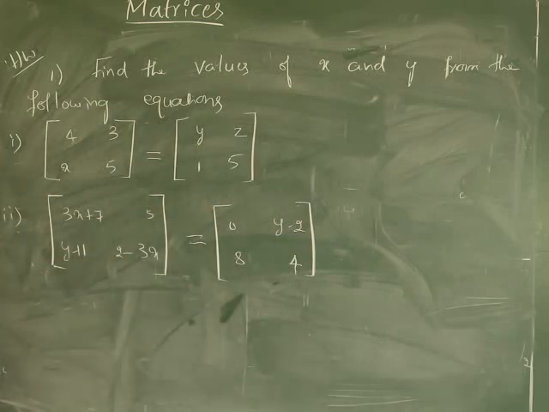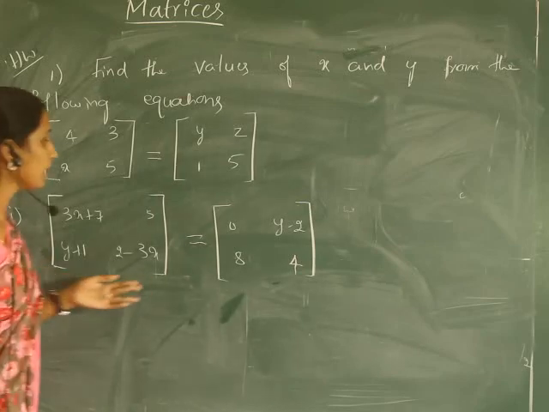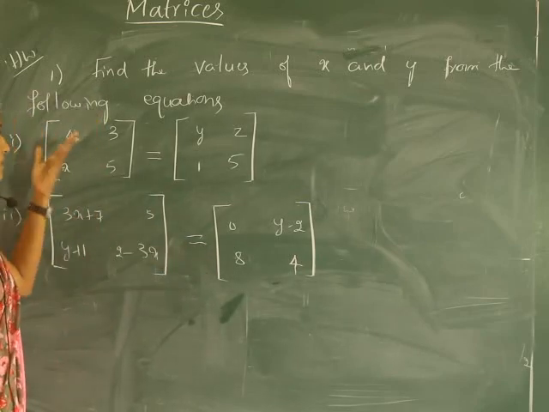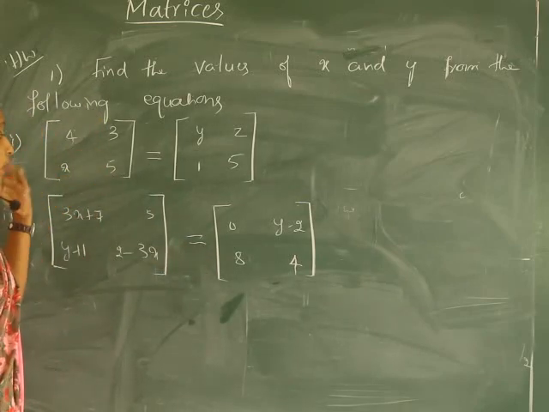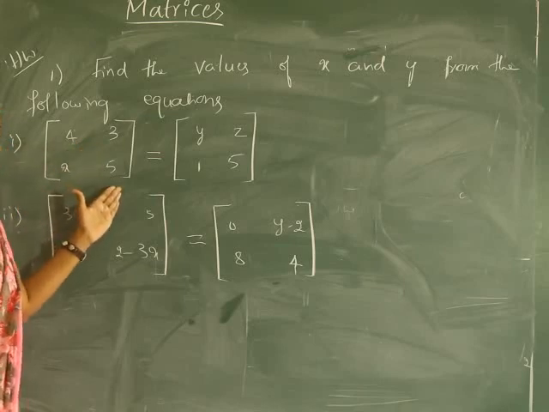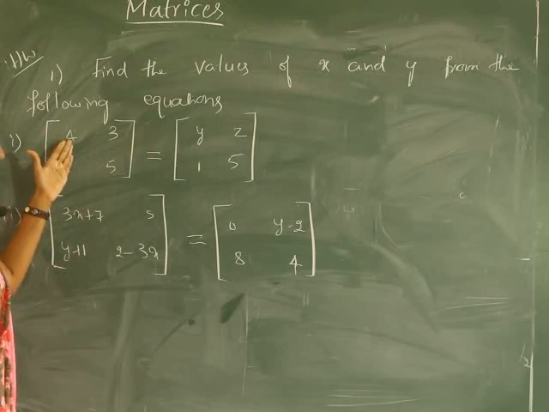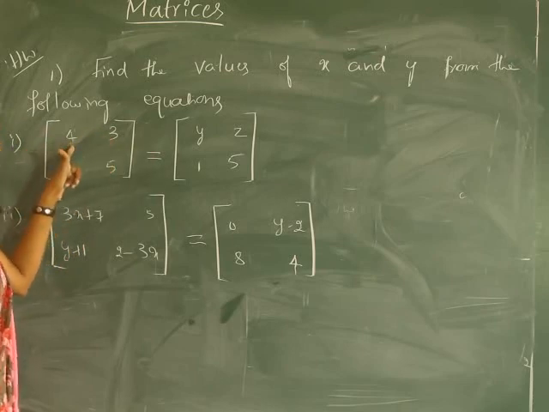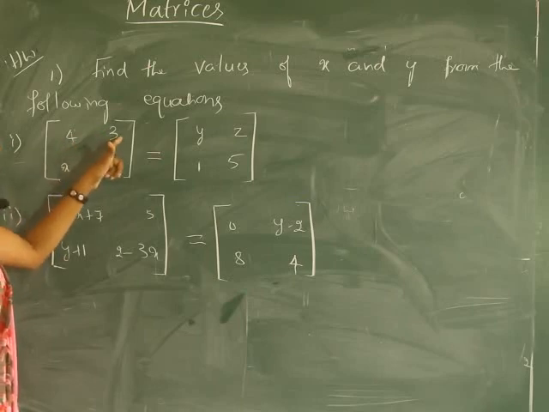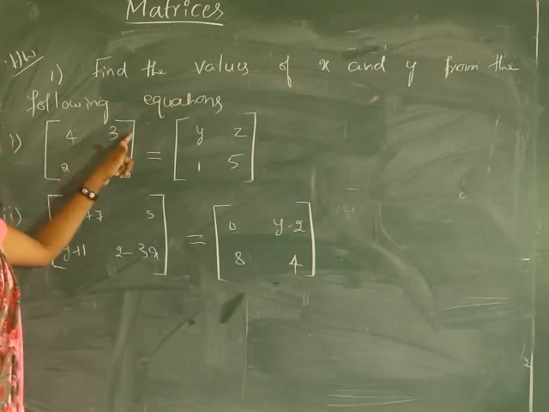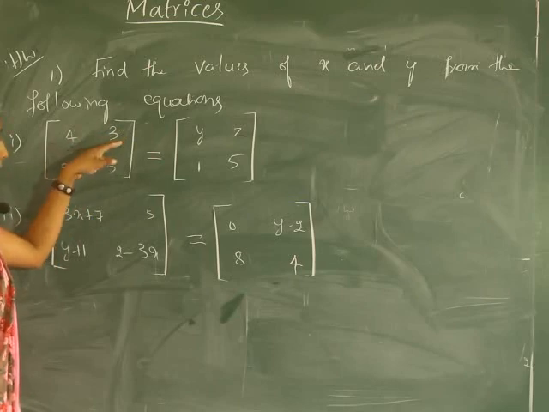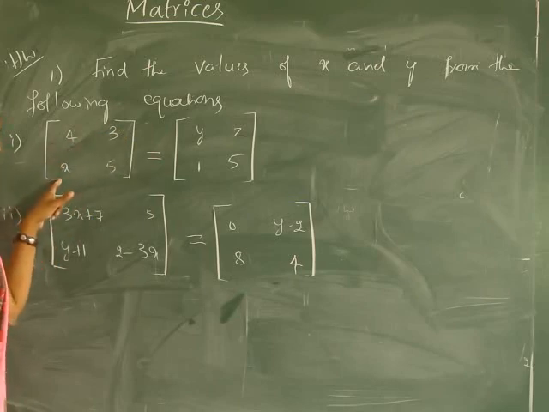While reading a matrix, if I just read 4, 3, x, 5, you may not know whether 3 is the second element in the first row or the first element in the next row.